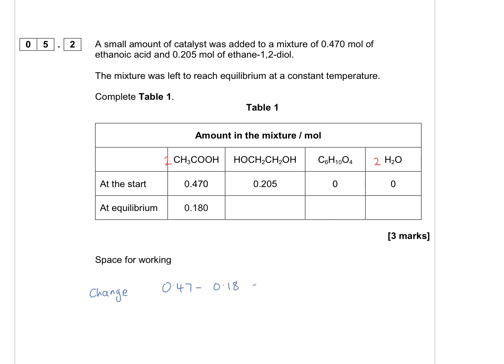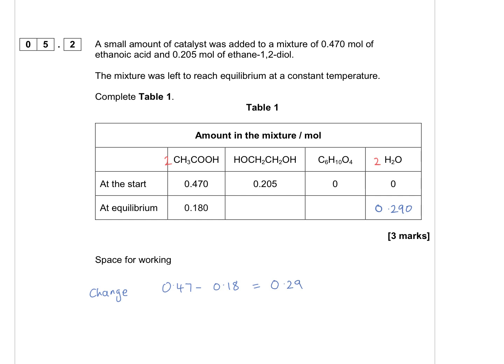So it's like doing an ice table, but you haven't got space in the middle to do the change part. So in the working out underneath, if I work out how much the ethanoic acid has changed by doing the 0.47 take away 0.18, then I know that that's 0.29. So I know the water is going to have gone up by 0.29. And I know that the amount of diester produced is going to be half of that.